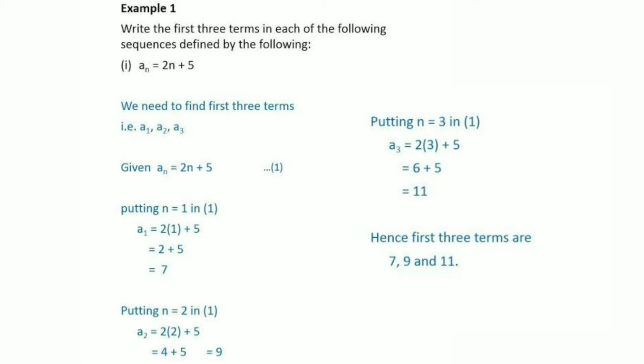Putting n equal to 2 in equation 1, a2 equal to 2 into 2 plus 5. 2 into 2 equal to 4, plus 5, equal to 9. Putting n equal to 3 in equation 1, a3 equal to 2 into 3 plus 5. 2 into 3 equal to 6, plus 5, equal to 11. Hence, the first three terms are 7, 9 and 11.